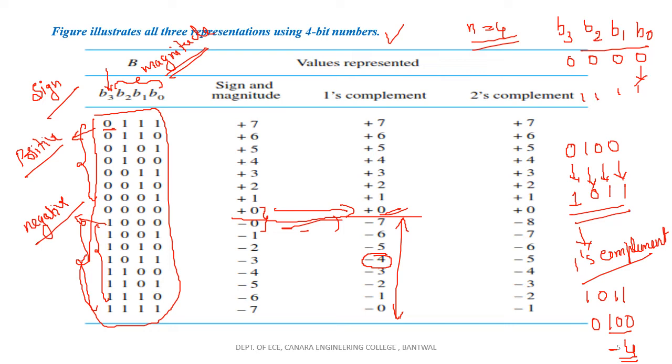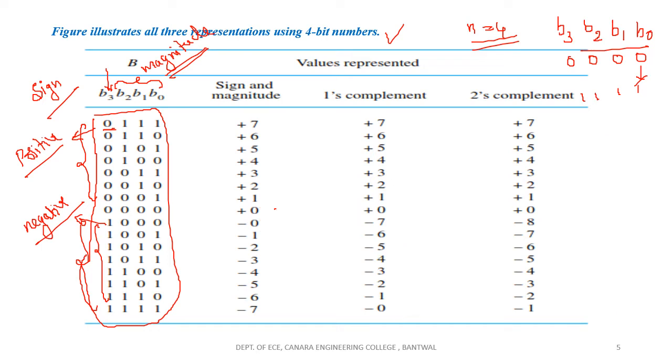Whereas in case of two's complement, it is slightly different. The advantage in case of two's complement is that there is no plus 0 and minus 0.